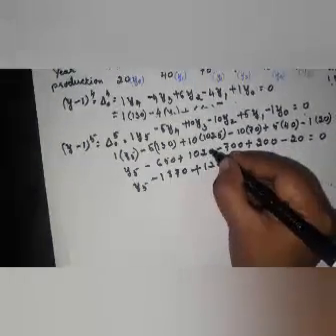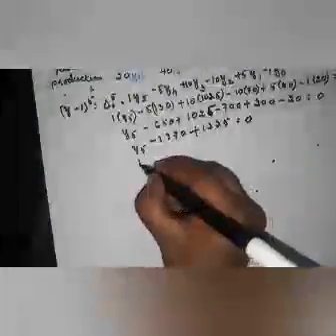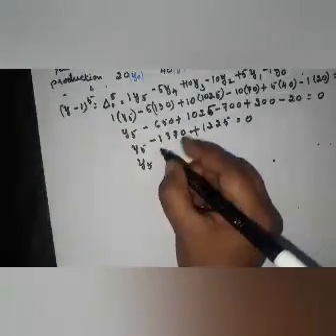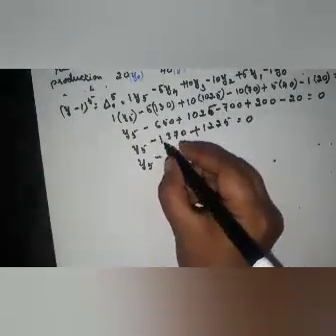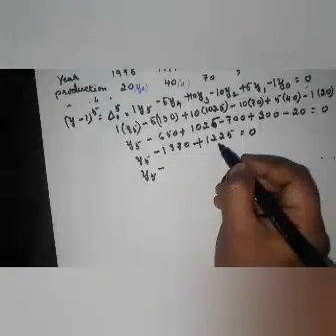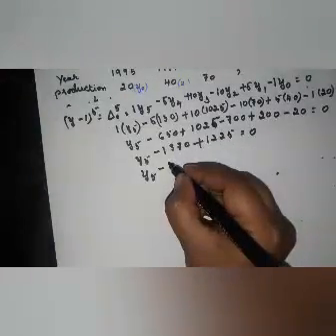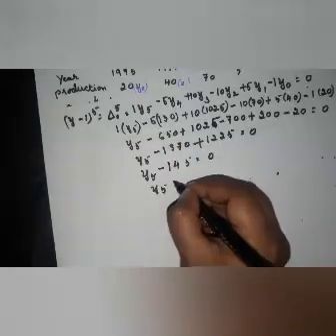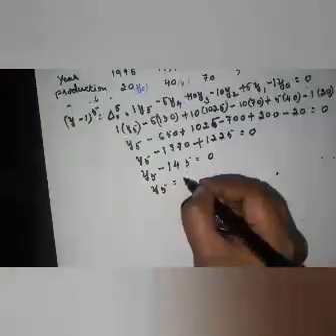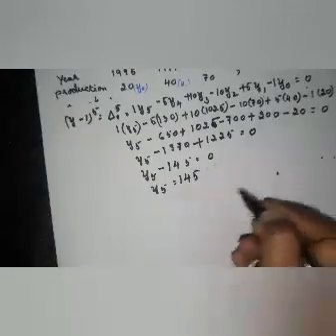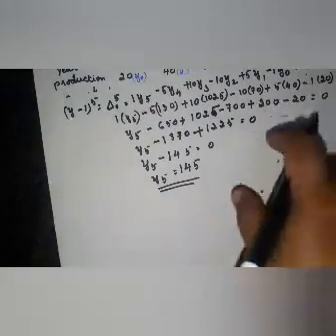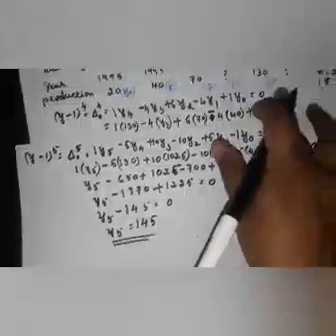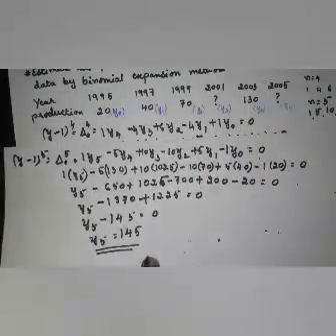One number is negative and the other is positive, so subtract: we get y5 minus 145 is equal to 0. Taking this to the other side, minus 145 becomes plus 145. So y5 is equal to 145, and the production for the year 2005 is 145.